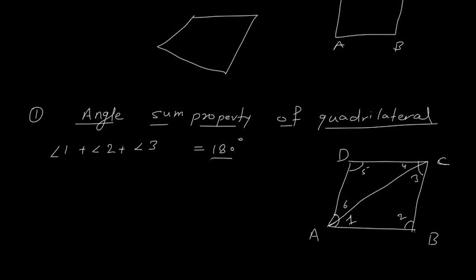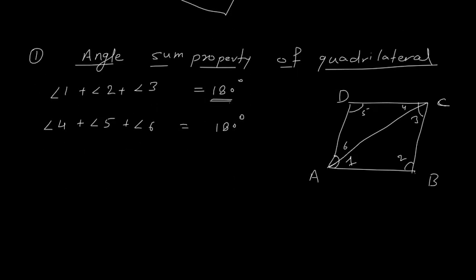That we already know, that the sum of all three angles of a triangle is 180 degrees. And similarly, the sum of angle 4 plus 5 plus 6 is also 180 degrees. So if I add these two equations, this is equation 1, this is equation 2.